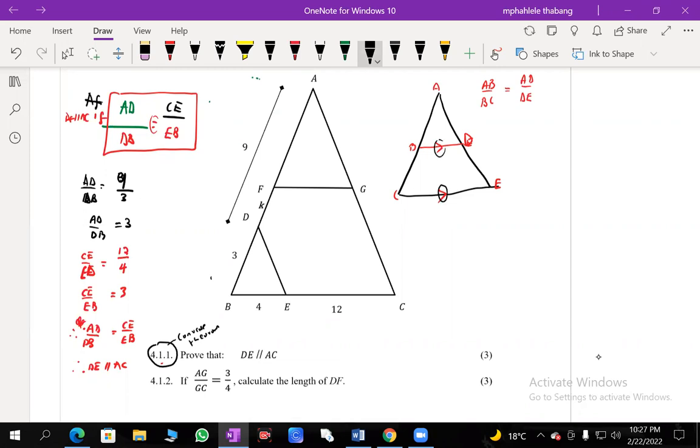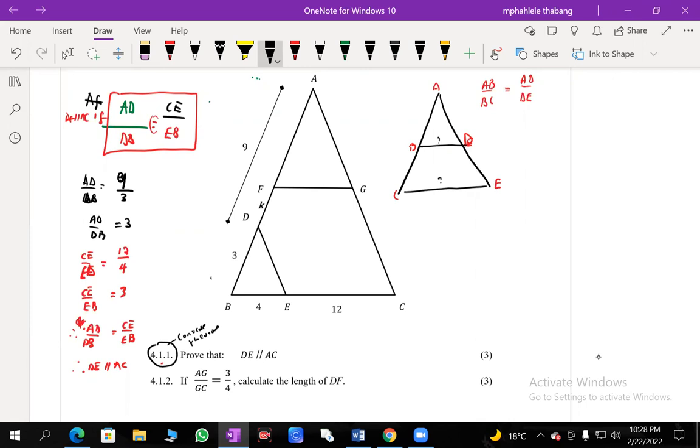If AB over BC equals AD over DE, then the lines are parallel. Or if the lines are parallel, then AB over BC equals AD over DE.